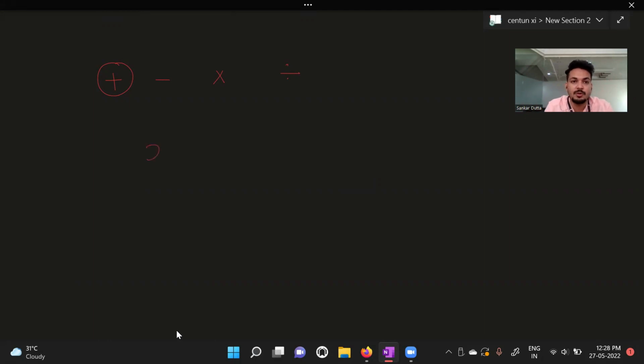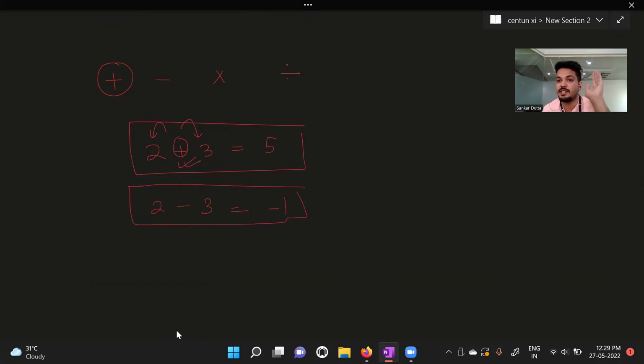For example, 2 plus 3 gives us 5. This is a certain rule that is true for plus. It will not be true for minus: 2 minus 3 will become minus 1. So any kind of mathematical operator will have certain rules.